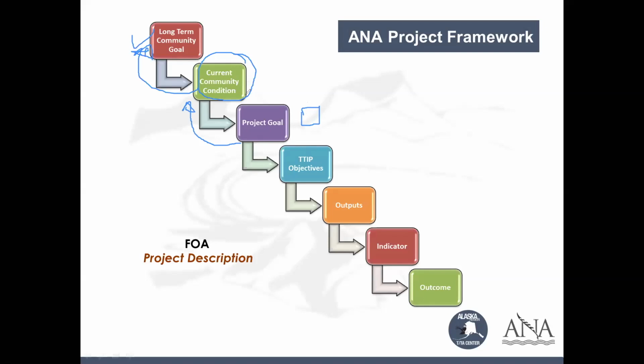Maybe you're just taking a small step at reducing it in some way. And that's what you're going to address under your project goal. The objectives are the major accomplishments that will lead to reaching the goal, reducing the community condition to obtain your long-term community goal.